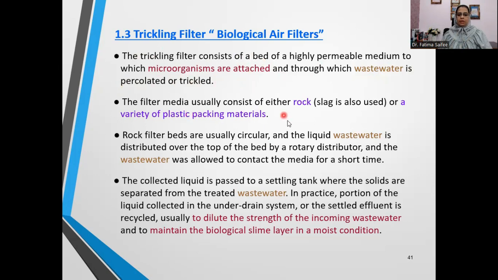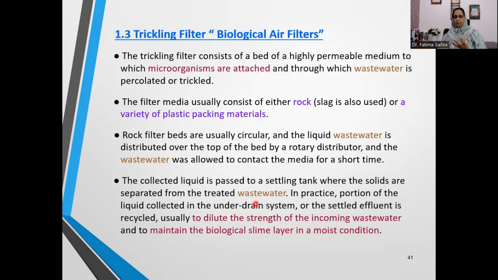The filter media usually consists of either rock or a variety of plastic packing material. Rock filter beds are usually circular and the liquid wastewater is distributed over the top of the bed by a rotary distributor, and the wastewater is allowed to contact the media for a short time. The collected liquid is passed to a settling tank where the solids are separated from the treated wastewater.